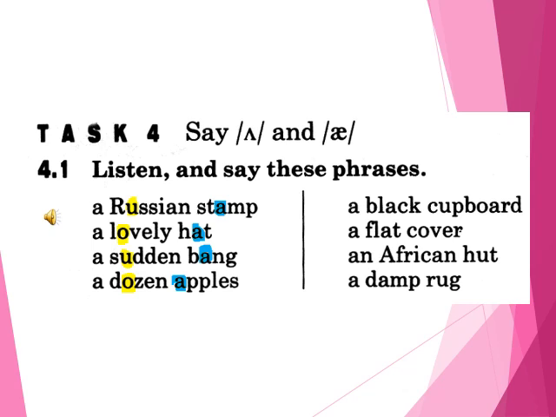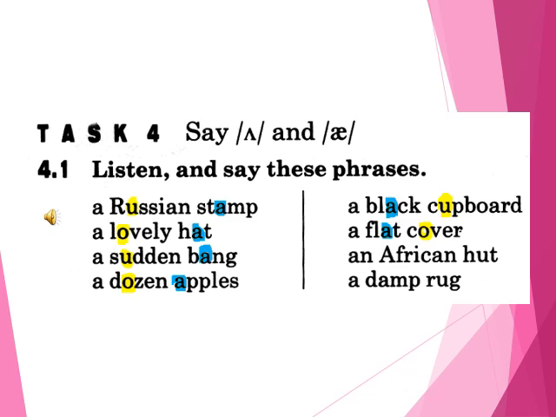In the second list of words is the other way around. First, you have the front A, black. And in the second word, you have the central A, cupboard. Flat, front A. Cover. Be careful, this word cover is pronounced with the central A. It's not cover, it's not O, okay?